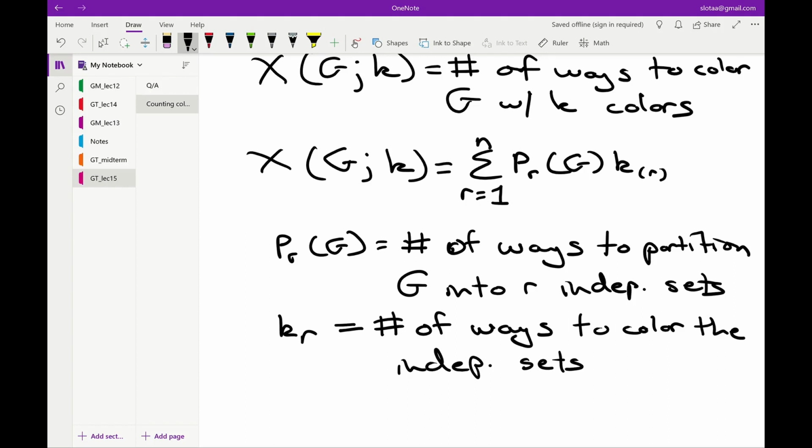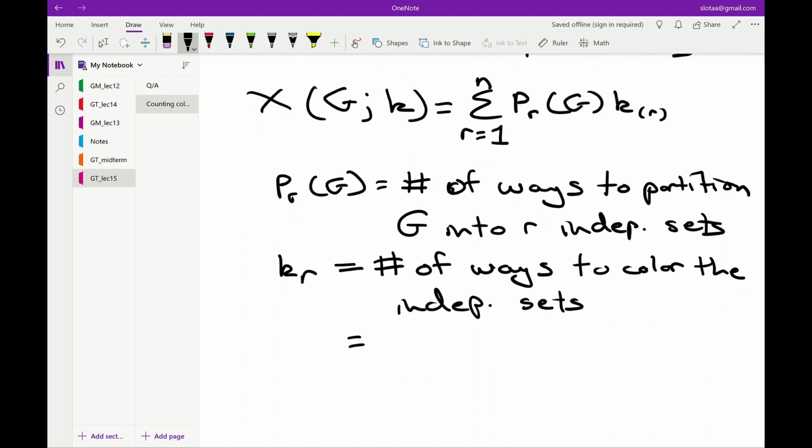So our k sub r, going back to what we saw for the clique, where we have n vertices, each vertex is just by definition of a clique, and the fact that we have connectivity to every other vertex within the clique, so we have n independent sets. So we see that equivalent kind of structure for defining this k sub r.